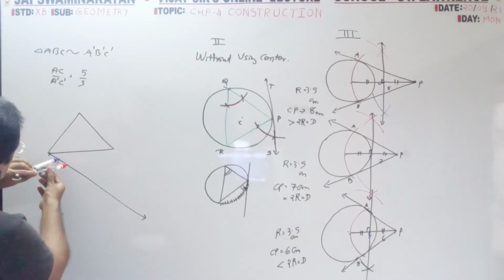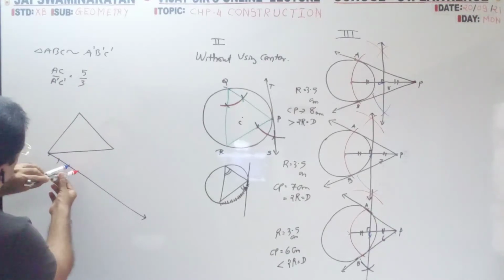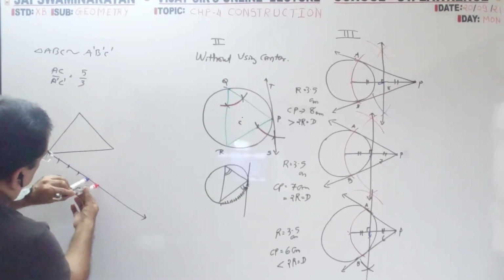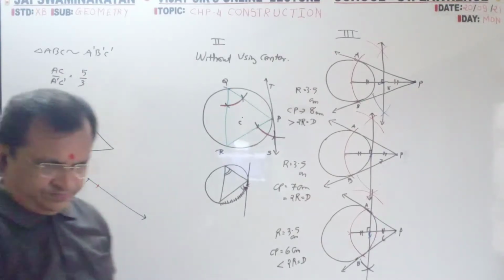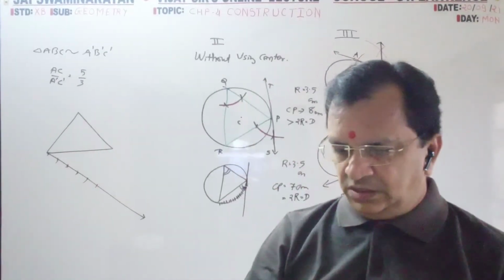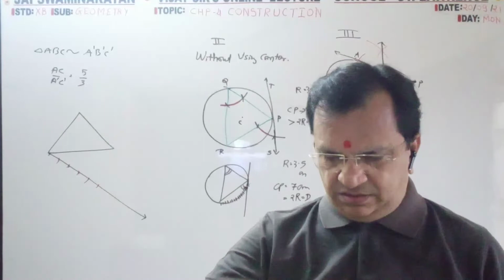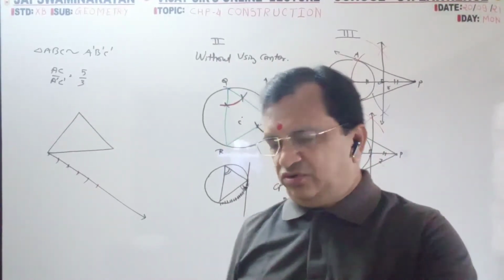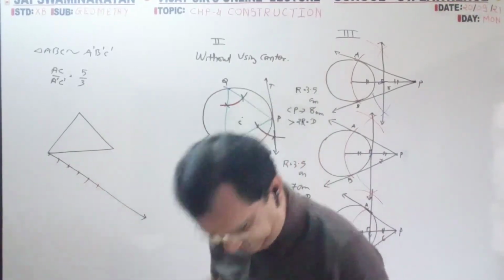So from here I'll take 1, 2, 3, 4, 5. Step number 1: on the highest number you have to draw the arc, so that is 5.